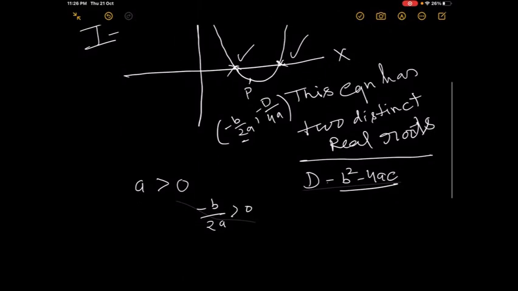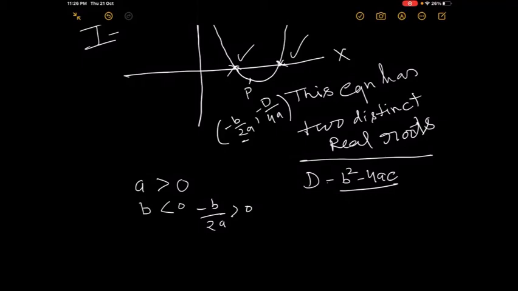How will this value become positive? Minus sign is also there. So what should be the value of b? Negative, right? Then only it will become greater than 0. So the coefficient of x, that is b, is less than 0.